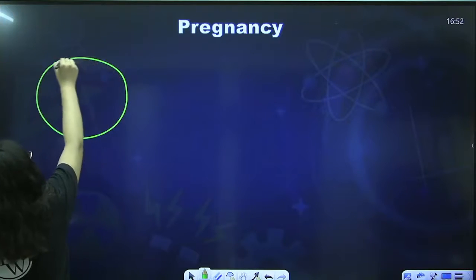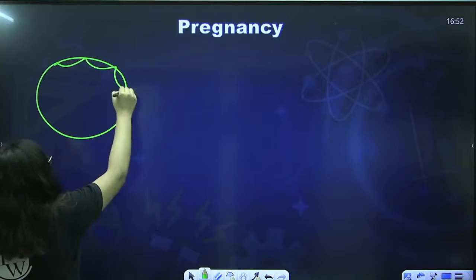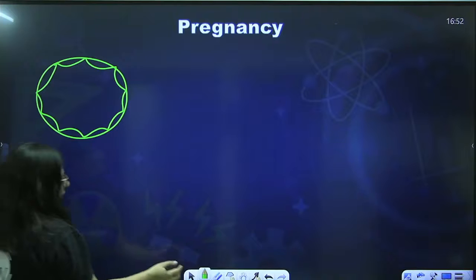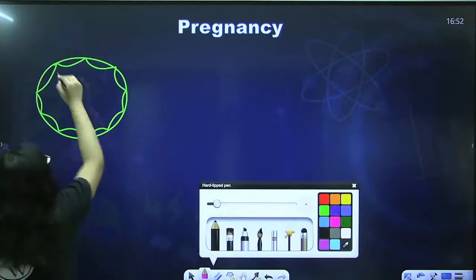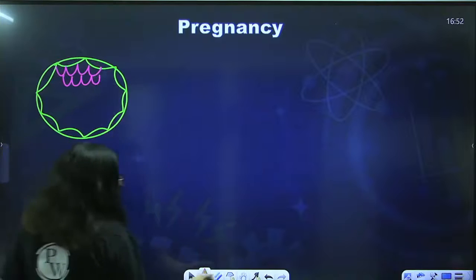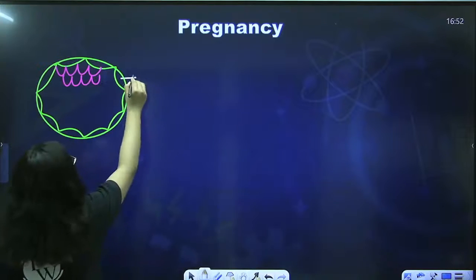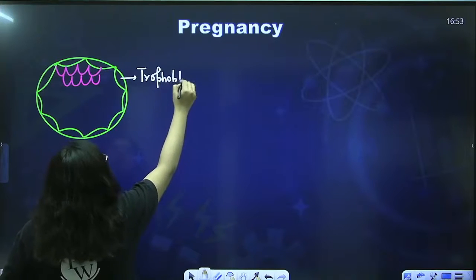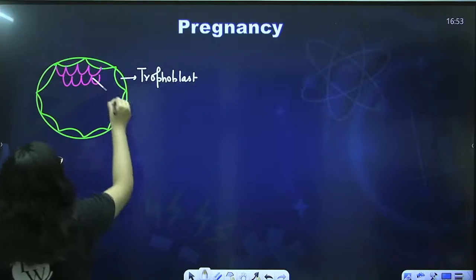this blastocyst which has an outer layer of trophoblast and inner cell mass. So this is trophoblast and this is inner cell mass.